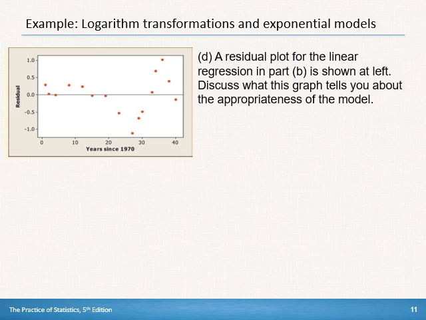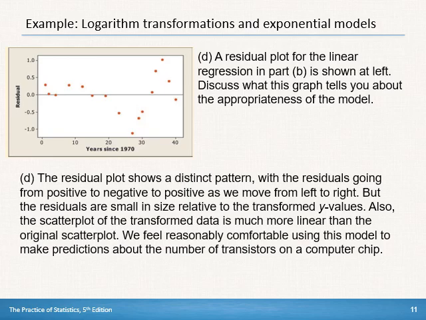So discuss what this graph tells you about the appropriateness of the model. So that's kind of what we said. Yes, there's a pattern here, but the residuals are pretty small, and this pattern is not as distinct as it would have been if we had used the original untransformed data. Okay, so the residual plot shows a distinct pattern with the residuals going from positive to negative to positive as we move from left to right.